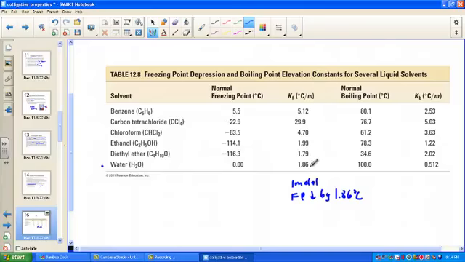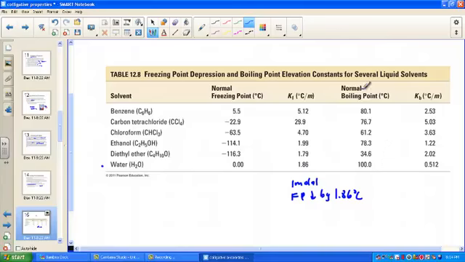For a 1 molal solution, the freezing point will drop by 1.86 degrees Celsius. So water isn't going to freeze at 0, it's going to freeze at 0 minus 1.86, or negative 1.86 degrees Celsius. If I create a 2 molal solution, I've now depressed it by almost 3 degrees and so forth. So for every 1 molal, we affect the freezing point.